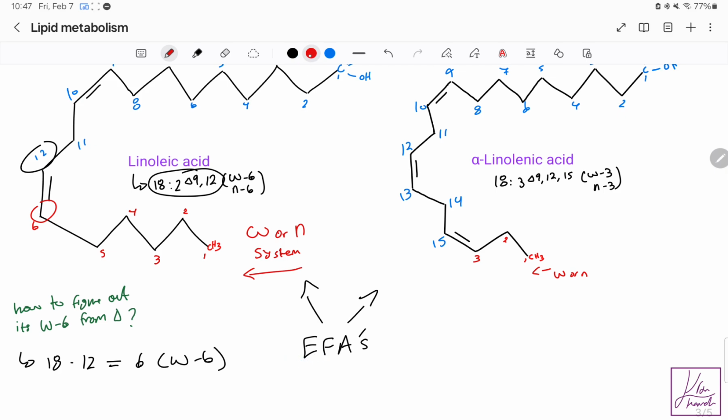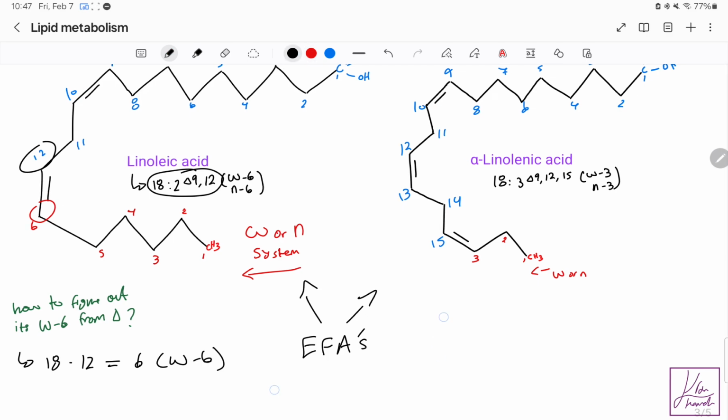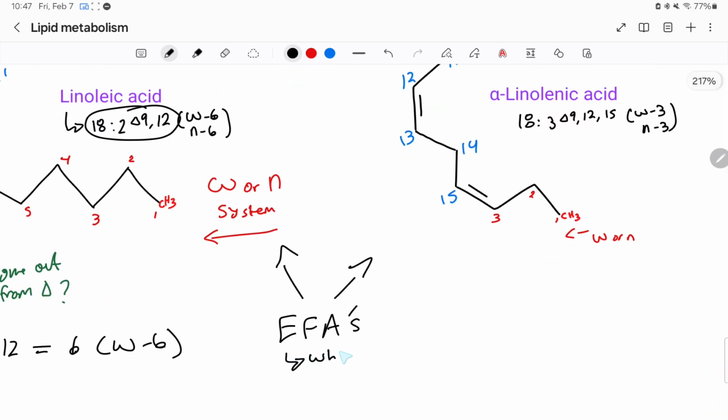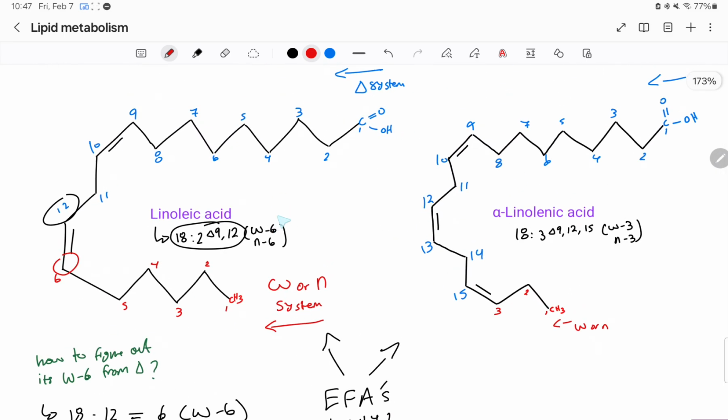Now, why are they essential fatty acids? Let's write that down. The answer is that humans lack enzymes called desaturases. The enzymes called desaturases introduce double bonds. They're the ones that put a double bond here and here, for example.